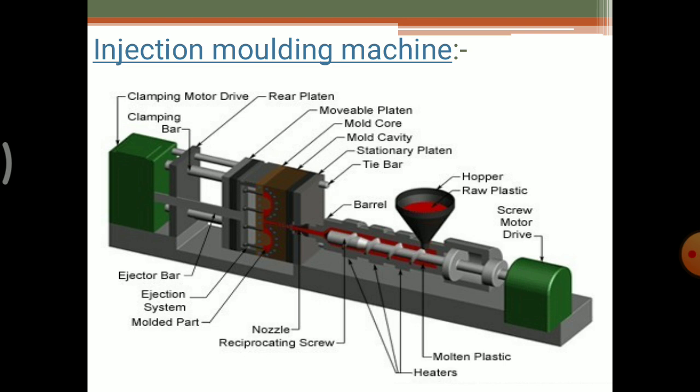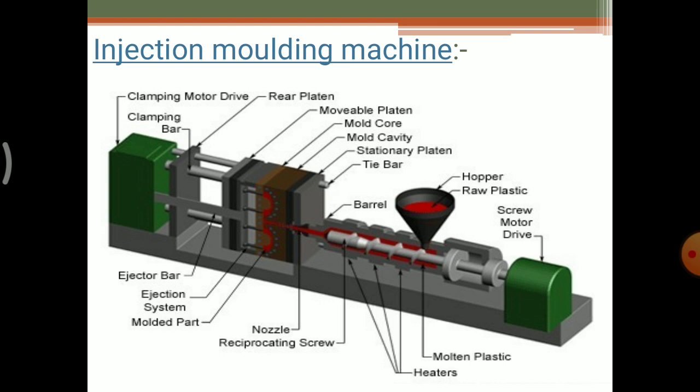In the bottom you can see the ejector bar where you can open the bar, and the ejection system and the molded part. So the process will start from the right side of the picture, that is, from the right side of the view.